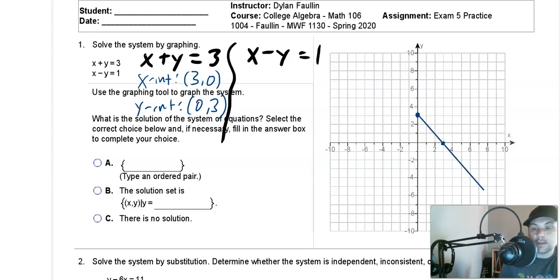Now you want to draw this line as accurately as possible. This straight line drawing tool doesn't always do the best job, and especially since I'm splitting it in half, the halves may not match up as well as we would like. It looks a little broken, but the slope is 1, so it should be going up 1, left 1, or down 1, right 1.